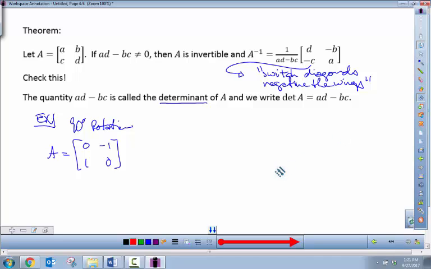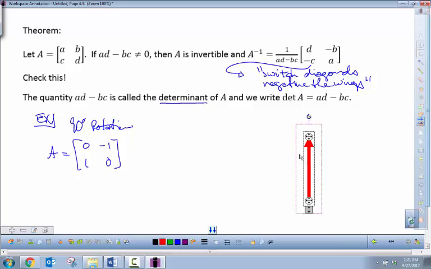So what I was saying is that if we do a rotation by 90 degrees, how would you go back to the original position? You'd either rotate it 270 or rotate it back 90 degrees, right?